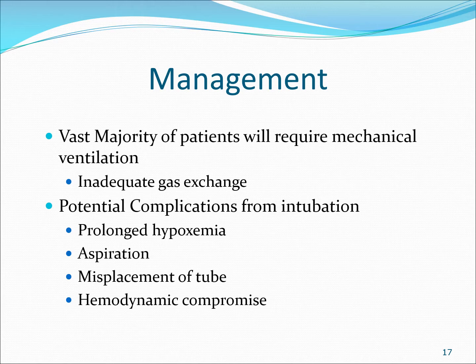But in most cases of ARDS, when the PF ratio gets worse and they don't respond to non-invasive, you need to intubate them. And we know what we're doing with intubation. So intubate them, stabilize them, and then we're going to talk about strategies to manage them on mechanical ventilation.